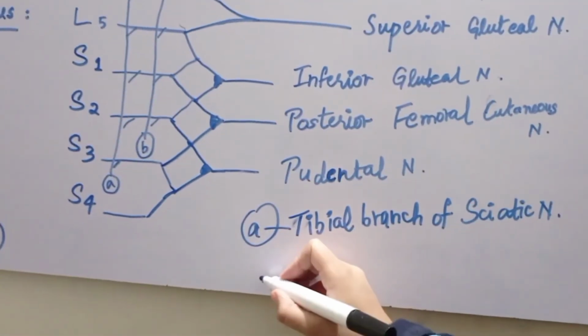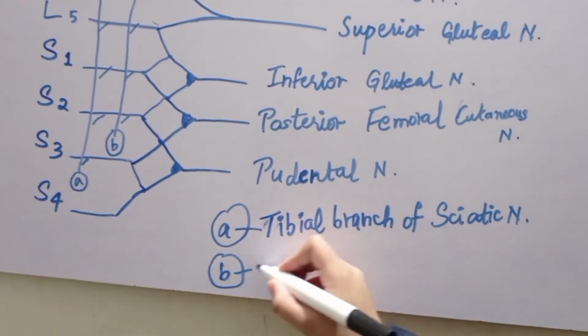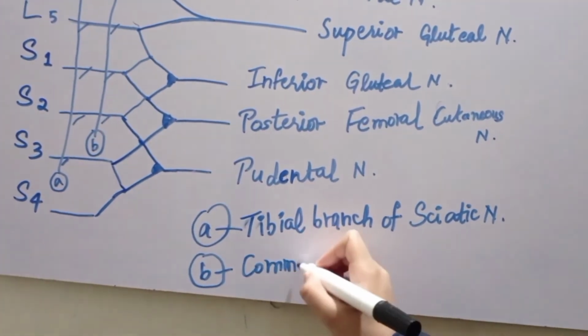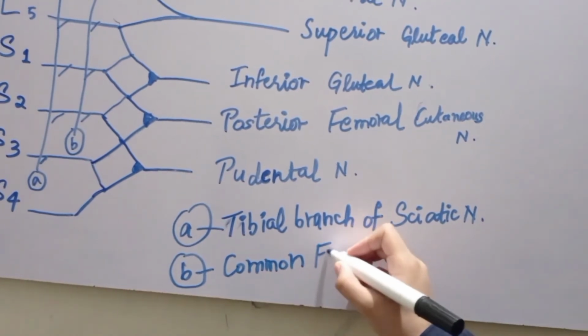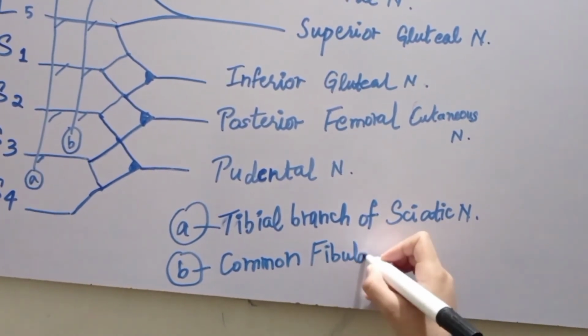Now moving on to the next branch, that is B, is going to be the common fibular branch of sciatic nerve.